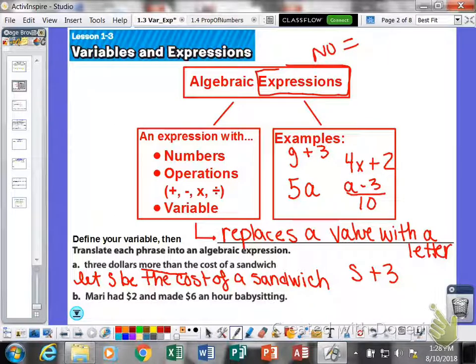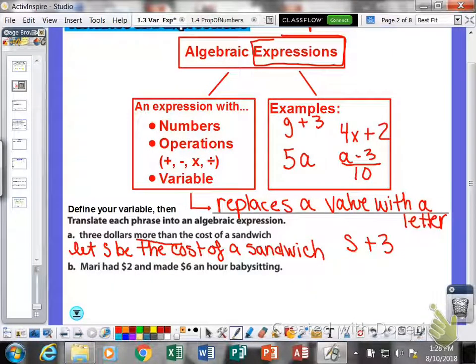Defining a variable doesn't mean saying it replaces a value. That's not the definition. It means saying what variable you are using in your problem and what that variable is going to represent. All right, Mary had $2 and made $6 an hour babysitting. We're going to let H be the number of hours babysitting.